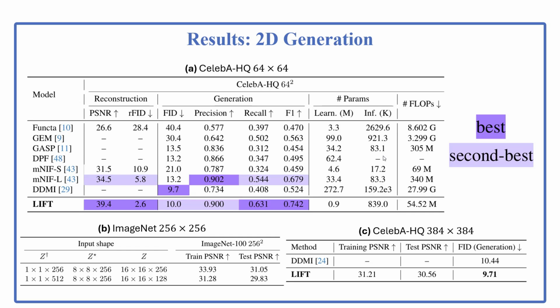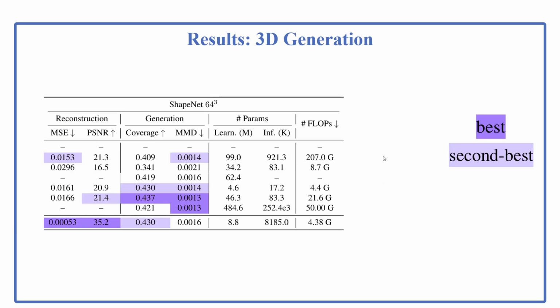As you can see here, we significantly surpass the SOTA methods in reconstruction, and we also did a good job in generation. We also tested our approach on ImageNet 100, of size 256 by 256, to show the scalability of our approach. And this is the result for 3D generation. It is the same as 2D: we did a very good job in reconstruction and significantly surpass the second best method.